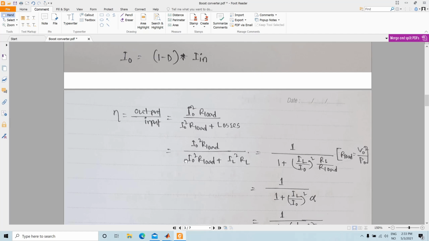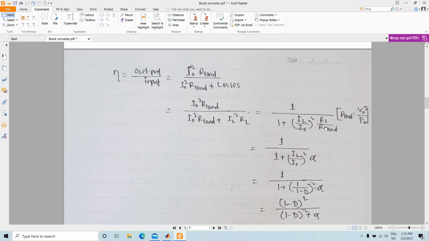Okay, so this is the amount of your input power. The input power is the sum of the output power plus the loss. If we do the manipulation here and divide by I naught squared R load, then it will be 1 divided by 1 plus IL squared divided by I naught squared, multiplied by RL divided by R load.